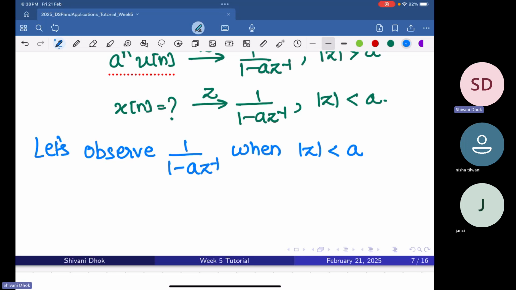Now let us try to figure out straight away from this particular kind of way it is listed. So we have 1 upon 1 minus A Z inverse. Now here what we can see is this is like a final solution, or some series solution of an infinite geometric progression where this numerator is the first term and this denominator is the common ratio.